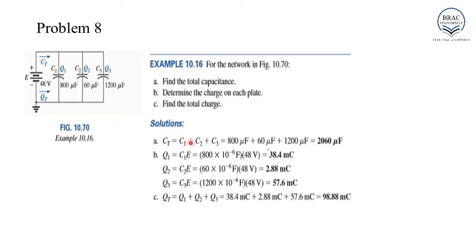Since we know the values of C1, C2 and C3, then using the expression Q is equal to CV, we can easily determine Q1, Q2 and Q3, which will be 38.4 millicoulomb, 2.88 millicoulomb and 57.6 millicoulomb. The total charge Qt will be equal to Q1 plus Q2 plus Q3, which is equal to 98.88 millicoulomb.